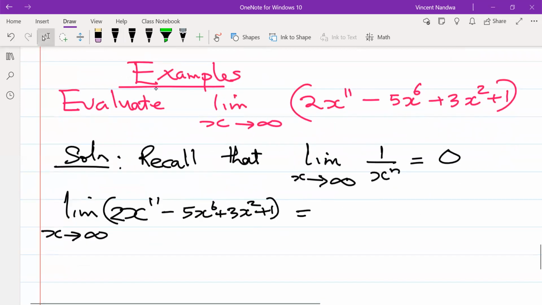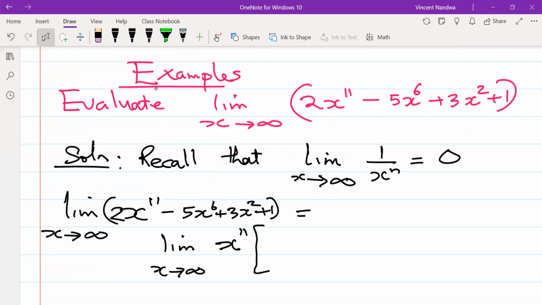So you write this one as the limit as x approaches infinity, and you factor out that highest power. When I factor out x power 11, how would the first term be in this expression? Two, correct? Minus 5 over x power, so that at the end of the day, when you multiply, we get power 6.